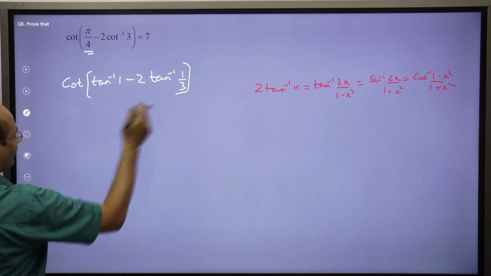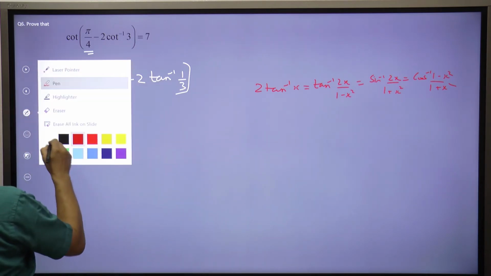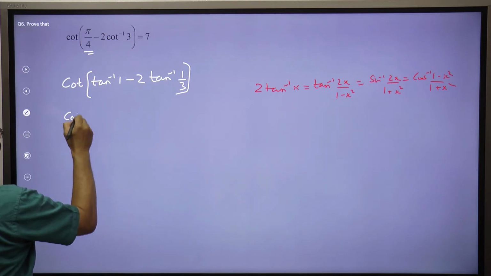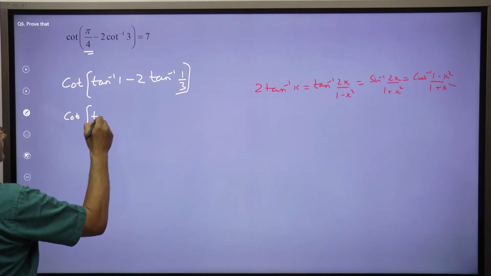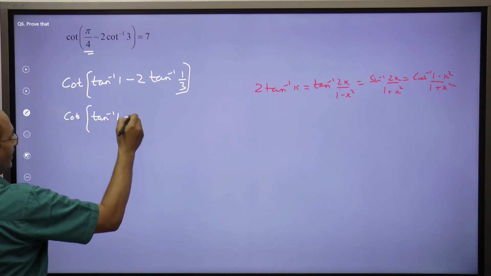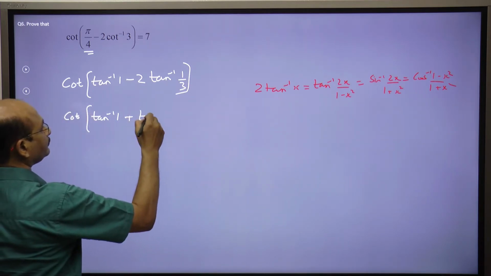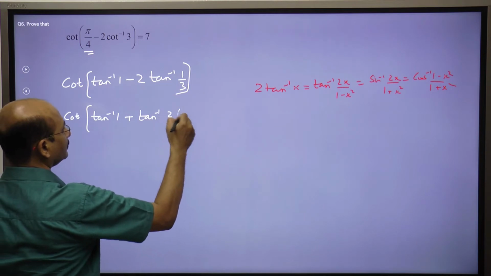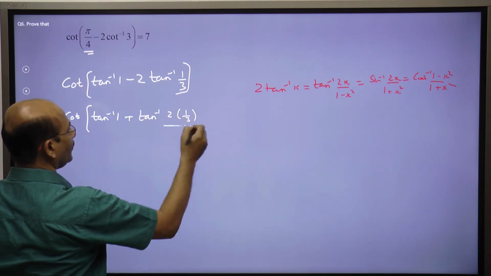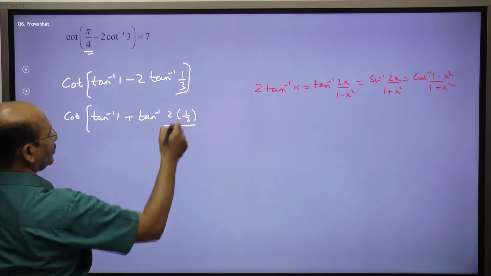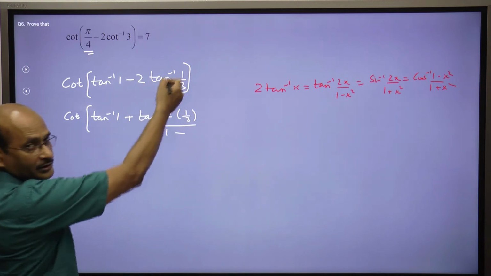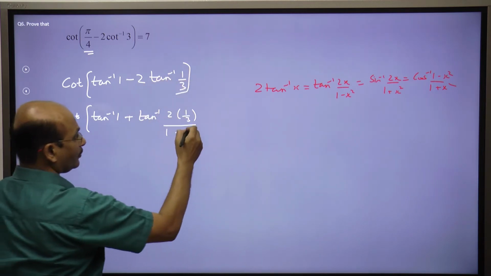So I want in terms of tan inverse. So what I can do is cot of tan inverse 1 plus 2 tan inverse x. So tan inverse 2x upon 1 minus x square. 1 minus, don't say x square is 2 upon 3, x is 1 by 3, so 1 by 9.